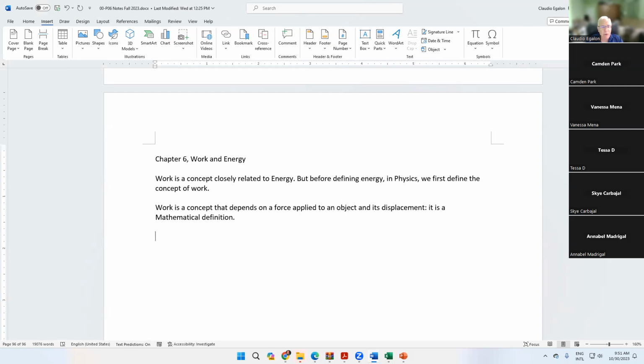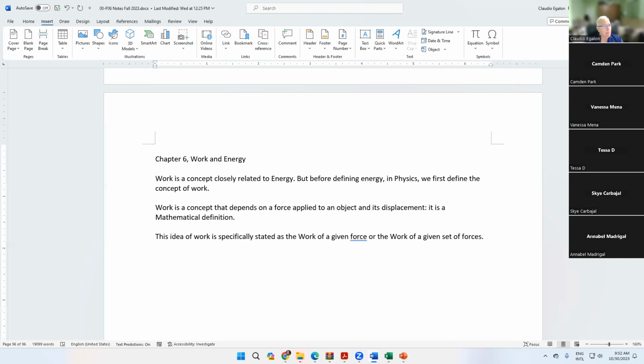Every time we talk about work, this idea of work is specifically stated as the work of a given force or the work of a given set of forces.